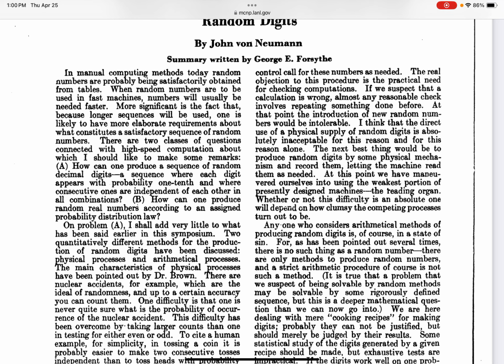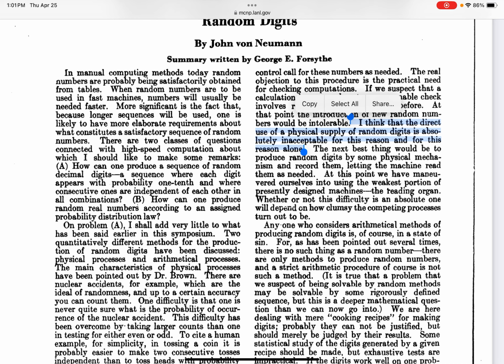Yeah, I don't understand what he says here. Because to me, it seems like if we have a physical supply of random digits, then by what he said before, this should be acceptable as a source of randomness and we could use this. But I don't know. I think that the direct use of a physical supply of random digits is absolutely unacceptable for this reason and for this reason alone.